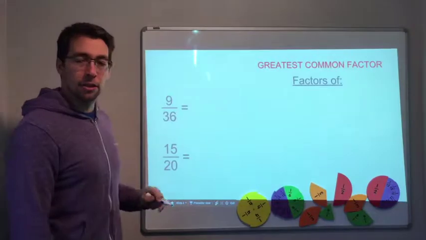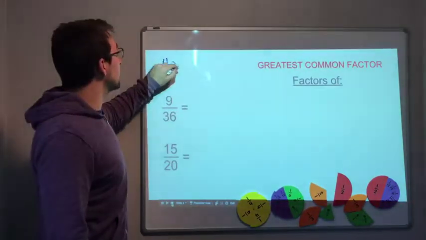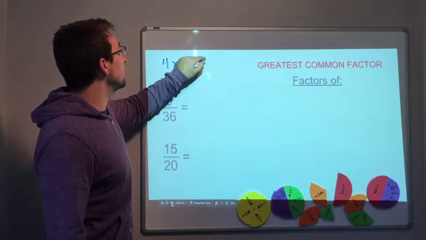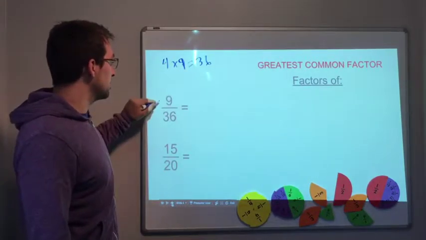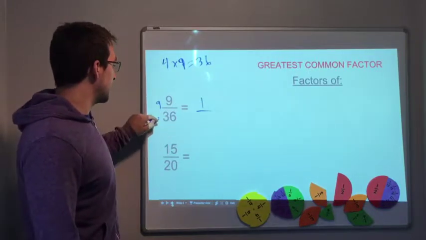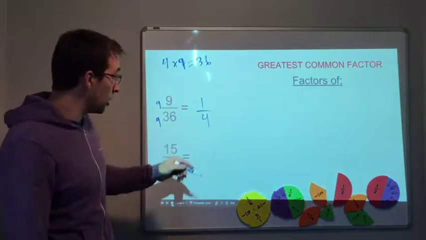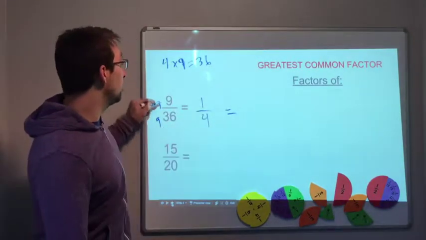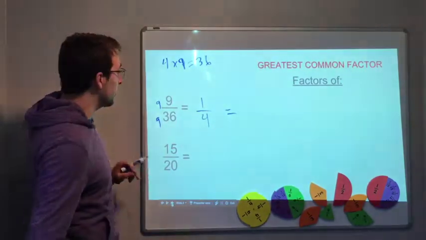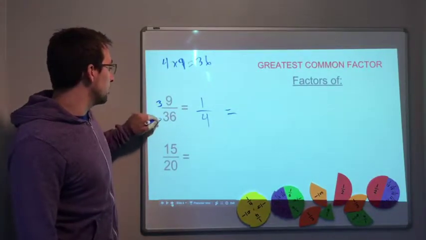What's 36 divided by 9? 4. Times tables. 4 times 9 equals 36. So, 9 divided by 9 is 1. 36 divided by 9 is 4. That's awesome. We could also divide by 3. What's 9 divided by 3? What's 36 divided by 3?